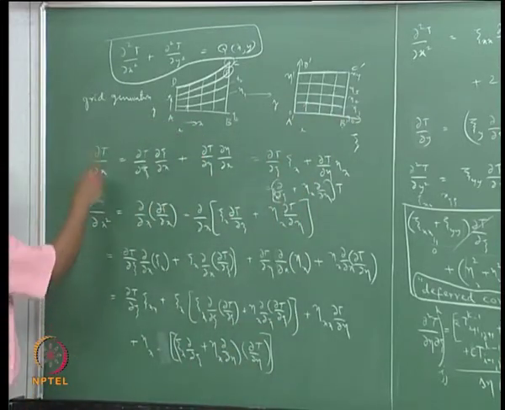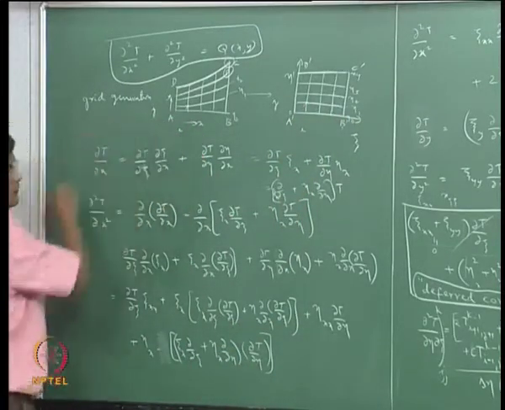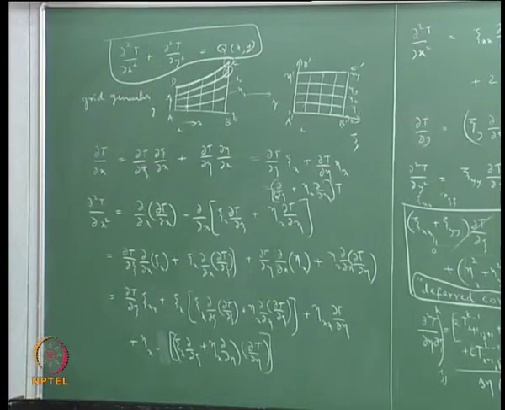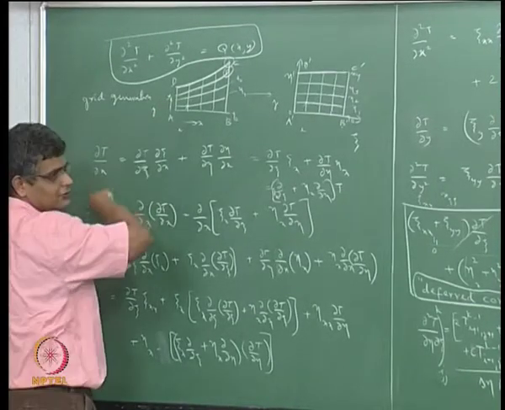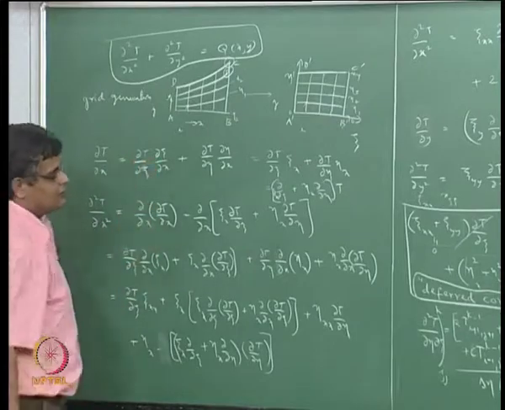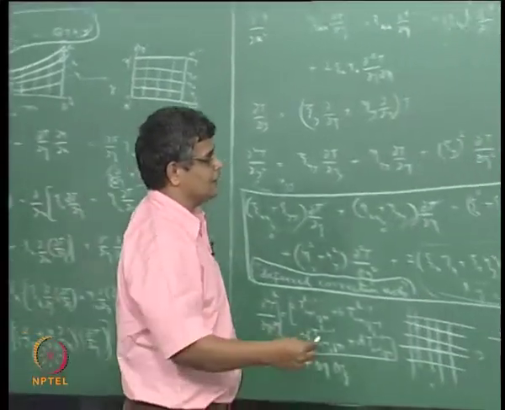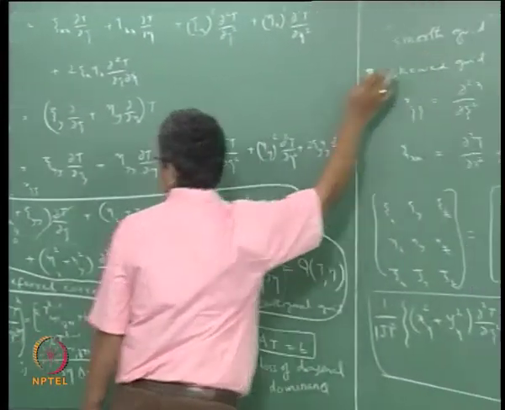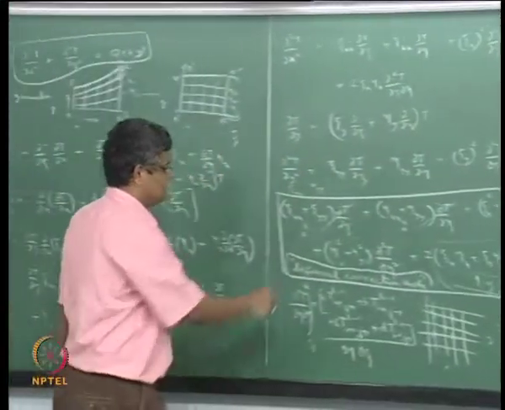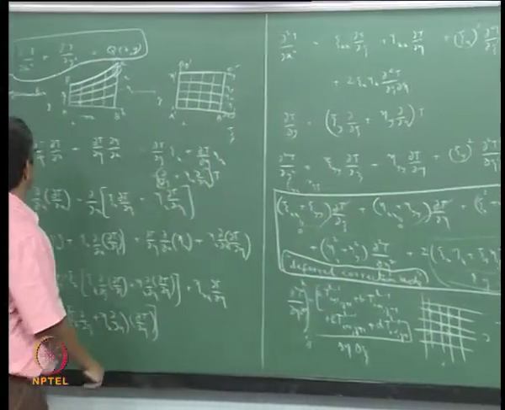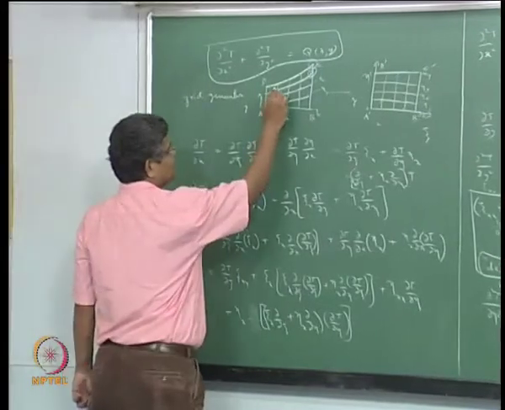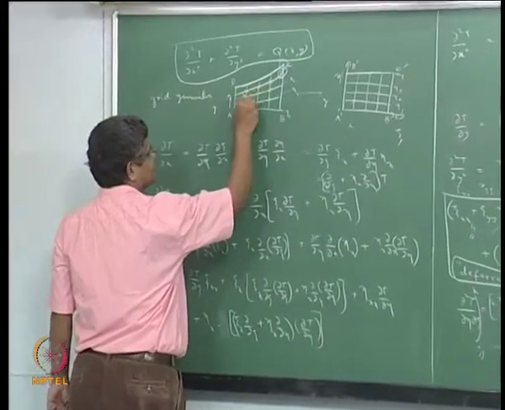We have a number of grid generation methods by which we can find all the interior points, and one can even use the condition of smoothness in order to derive these interior points.